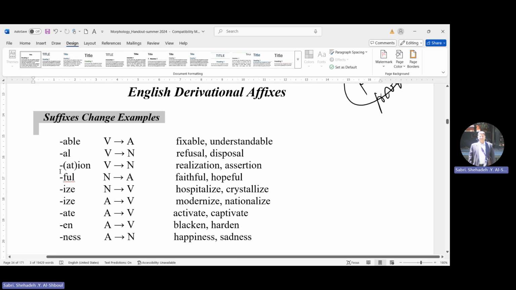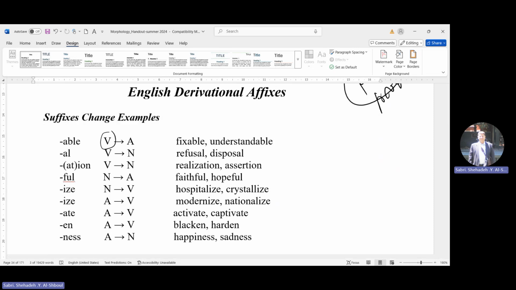So here, able, fixable, from fix, from verb into adjective. Al, refuse, refusal, verb into a noun. Ation, realize, realization, verb into noun. Ful, faith, faithful, from noun into adjective. Ize, hospital, hospitalize, from noun into verb.